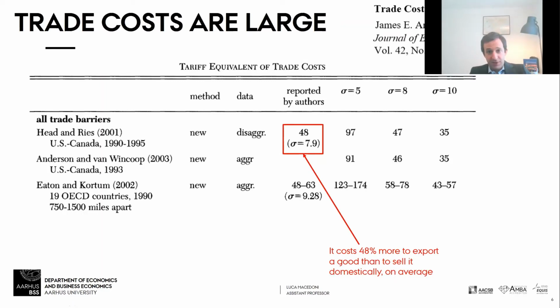If the same good is sold abroad, on average, that costs 50% more. Now, there are differences in the estimates. Okay, you see here the estimates range from 35% to 174%. And obviously, all of these things, you should think of them as averages. Right? So perhaps it costs less than 48% for Danish firms to export goods to Sweden, but way more than 48% to export goods to New Zealand.